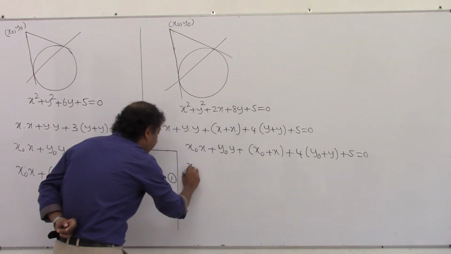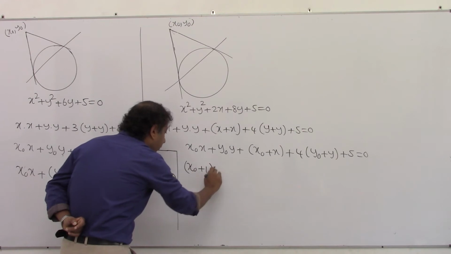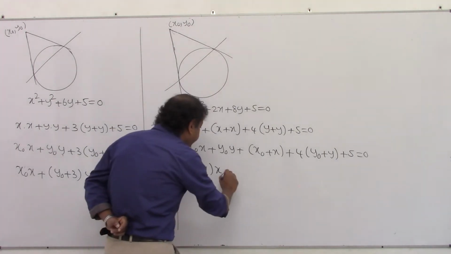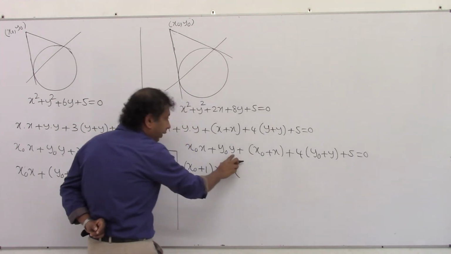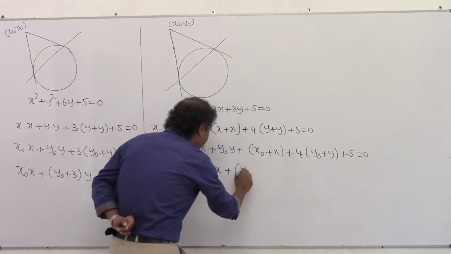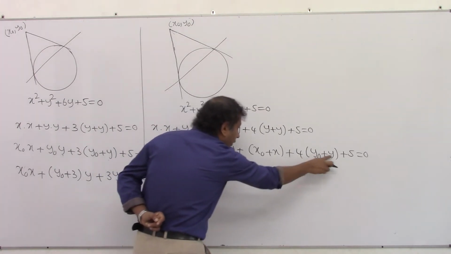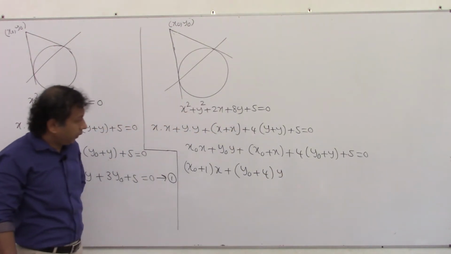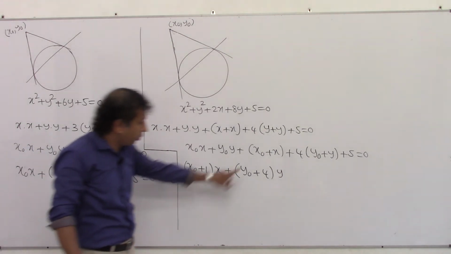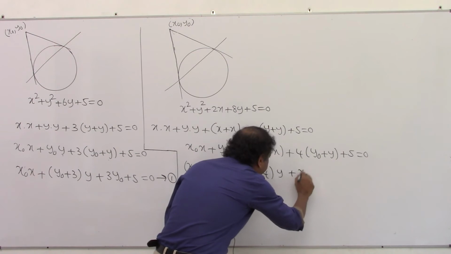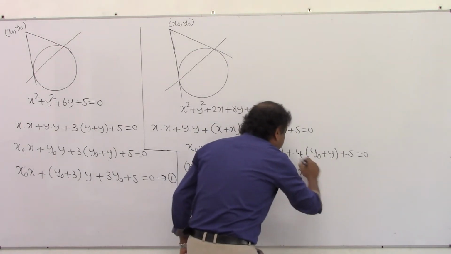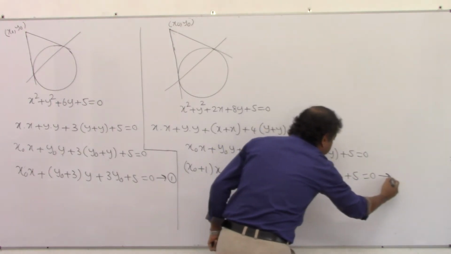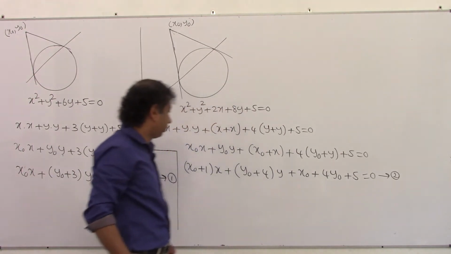Take x out: x naught plus 1 times x. Now the y terms. Take that y out: y naught plus 4 times y. Now the constants. Here x naught is a constant, here 4 times y naught is a constant, plus 5 is a constant. Now, number 2.